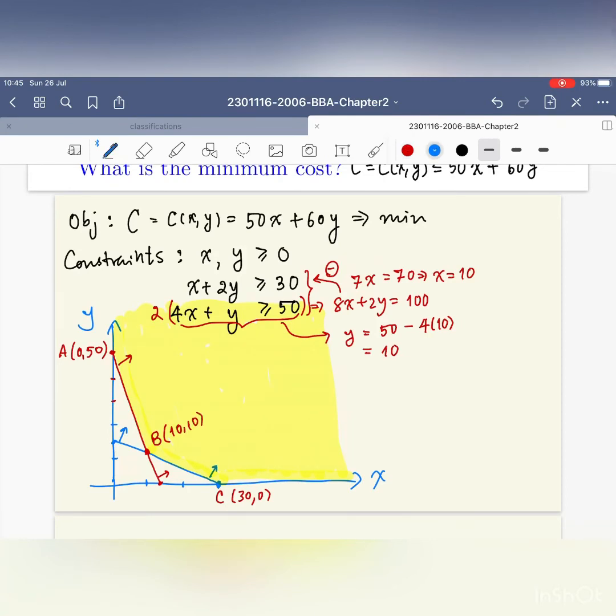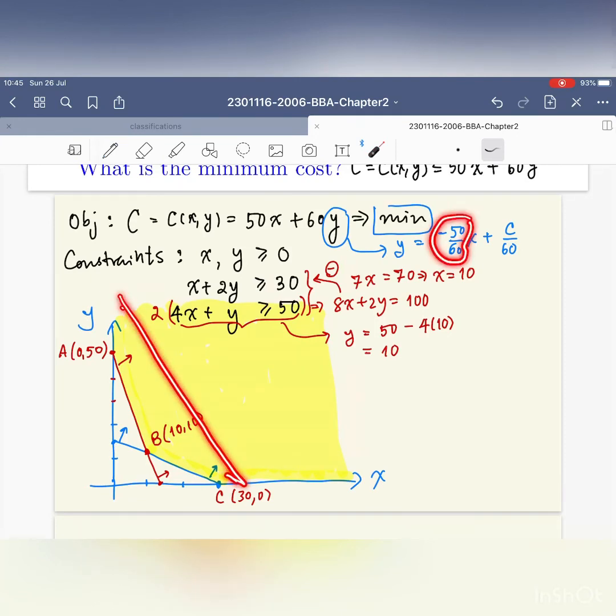Okay. You are going to find the minimum of the unbounded region. So let us make sure by rewriting your objective line in terms of x equals to negative 50 over 60x and c over 60. So this one is a straight line with a negative slope. So it will be the line that's going downward like this. Okay, and your c over 60 is the y-intercept.